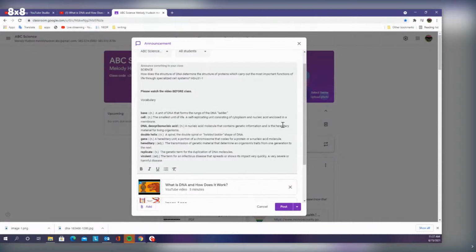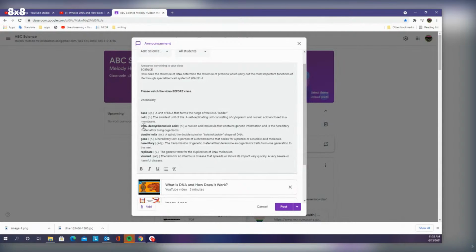That's the smallest unit of life. In a membrane, you have a unit consisting of nucleic acid and cytoplasm, which is the stuff that gives the cell structure, and that is enclosed in a membrane. So it's the smallest unit of life. It can replicate or duplicate itself, the cell.